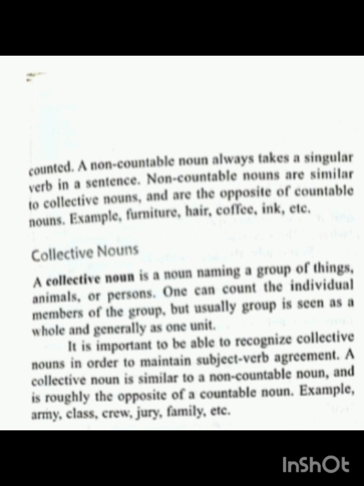A collective noun is a noun that has many nouns combined together but taken as one single unit. Examples are a class of students, a fleet of ships, a fleet of cars, a herd of cows, an army of soldiers, a murder of crows.